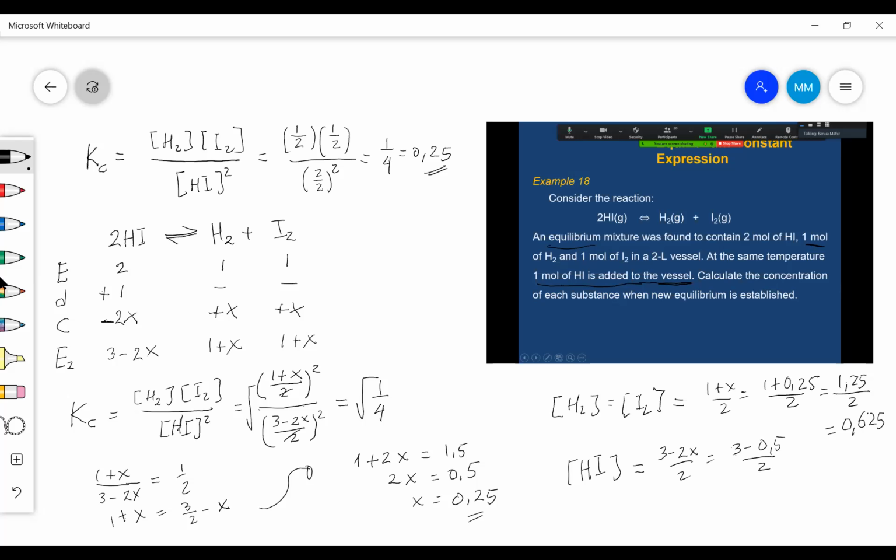So it is equal to 2.5 divided by 2, which is 1.25. All right, so this is the concentration in M. Is it clear? How to solve this one?